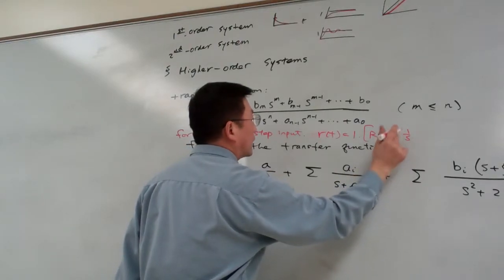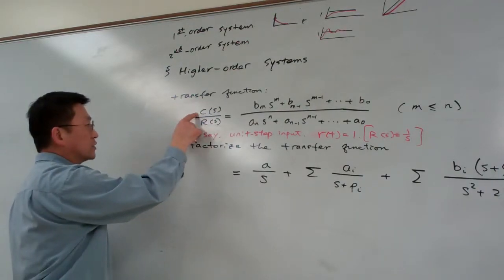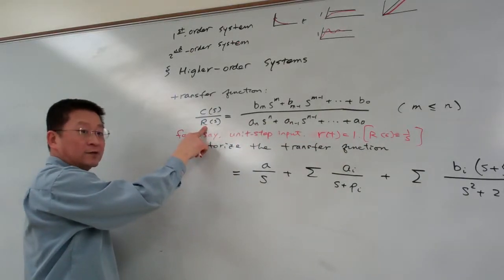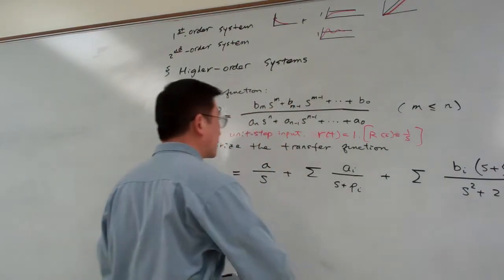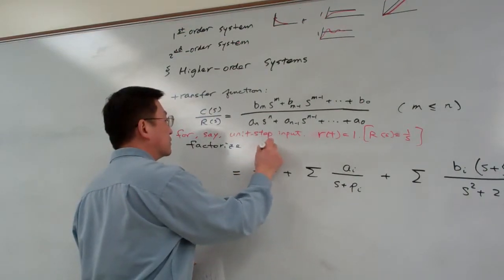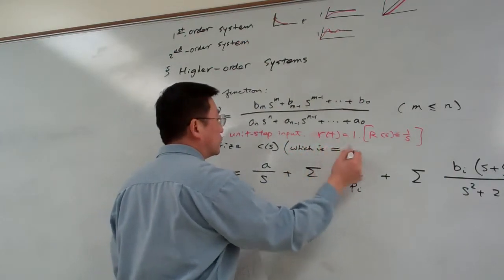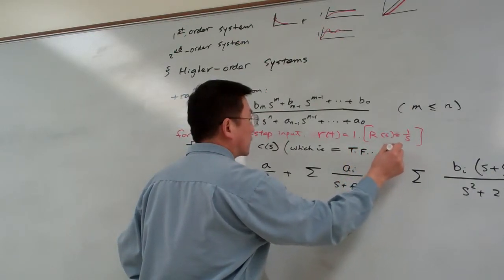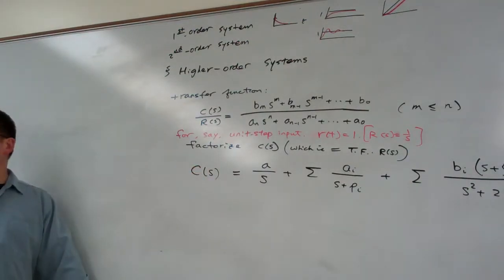So for this case, we can know C(s) equals the transfer function multiplied with R(s). So we factorize C(s), which is equal to the transfer function multiplied with R(s). So basically this is C(s). We want to determine the output.